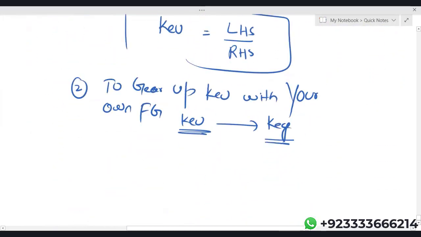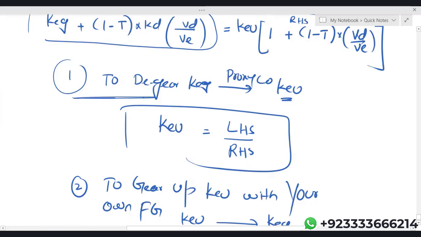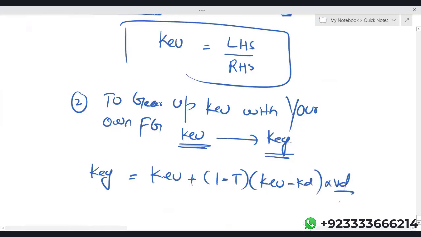So in step 1, we'll be using the rearranged formula. In step 2, we'll be using a simple formula, which says KG is equal to KU plus 1 minus tax rate into KU minus KD. So actually you will be using both of them.